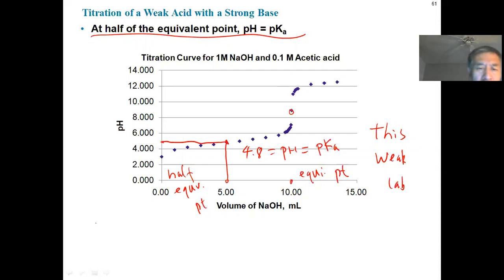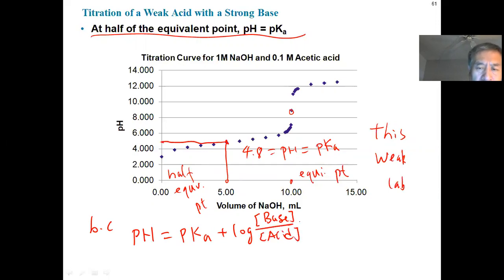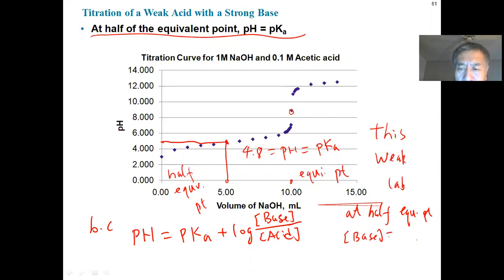Why is that? Let's see from the Henderson-Hasselbalch equation. The Henderson-Hasselbalch equation tells you pH equals pKa plus log of base over acid. At the half equivalence point, the base concentration equals the acid concentration.